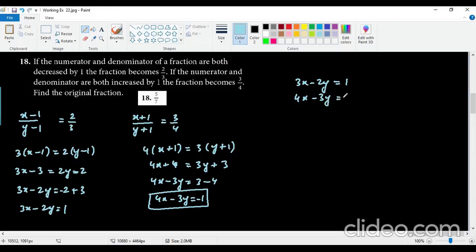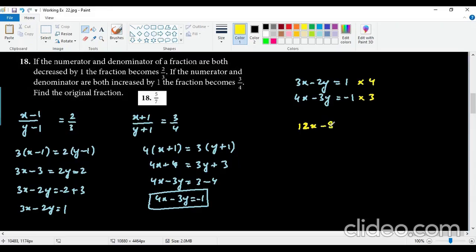Now I will multiply, using the elimination method. I will multiply this equation by 4 and this equation by 3. So ultimately I will get 12x minus 8y equals 4.